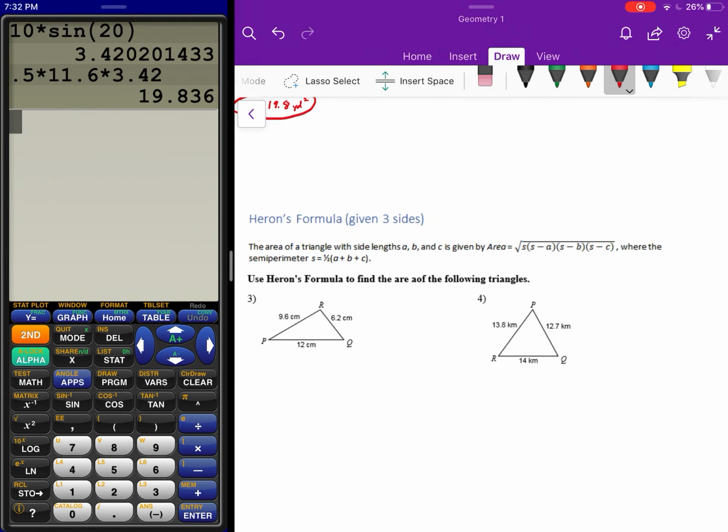The area of a triangle with side lengths a, b, and c is given by area equals the square root of s times s minus a, s minus b, s minus c. Remember, those are the side lengths. But we need to know what this s stands for, where the semi-perimeter s is half of a plus b plus c. So semi-perimeter just means half the perimeter.